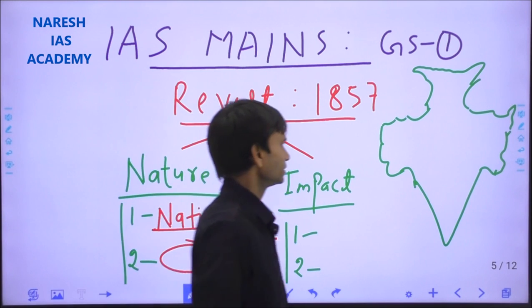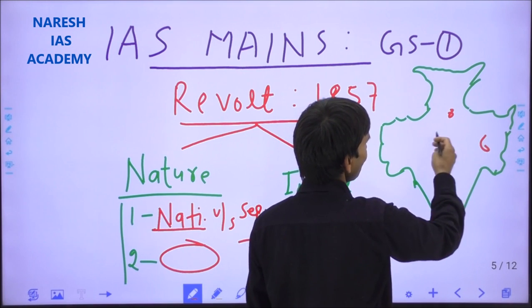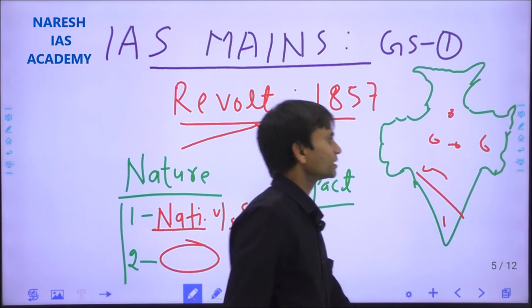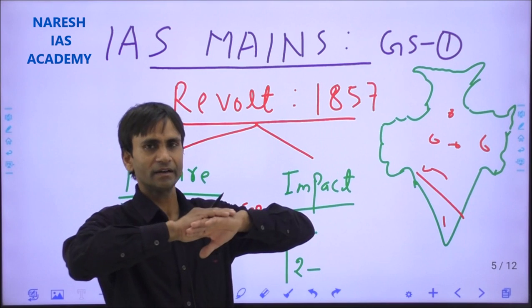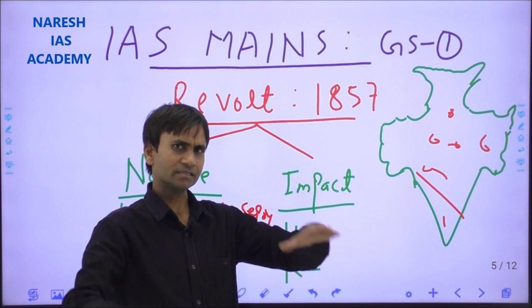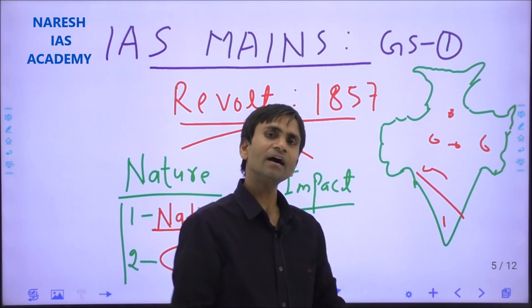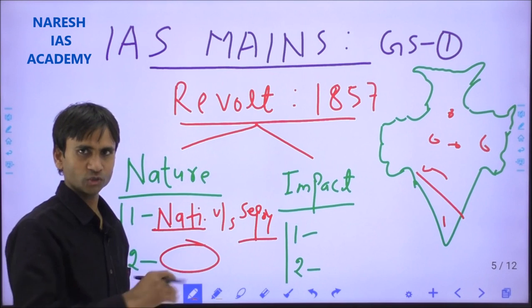Simply he is trying to say that most of the geographical territory joined the revolt, except the major part of southern India. Most of the geographical territory, including some princely states and British provinces. So the geographical area simply reflects its national approach.